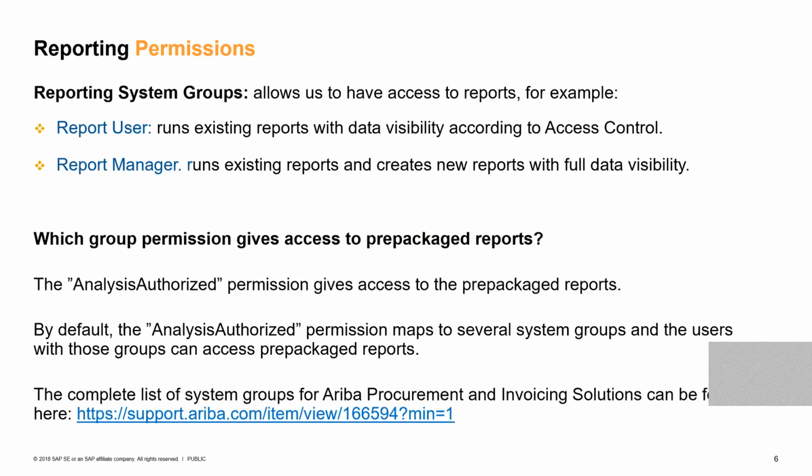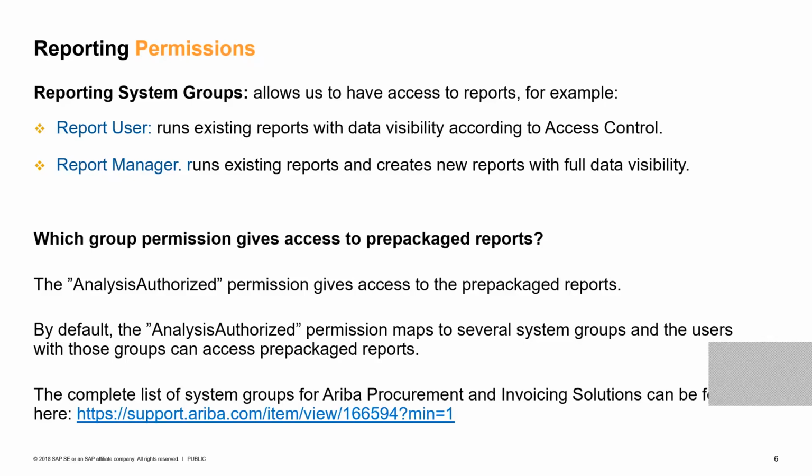It runs the existing reports that are already available on your site, and it gives data visibility depending on the access control that is set behind the scenes. There is also the report manager, who can run existing reports and can create new reports, which we will be doing during the demo.